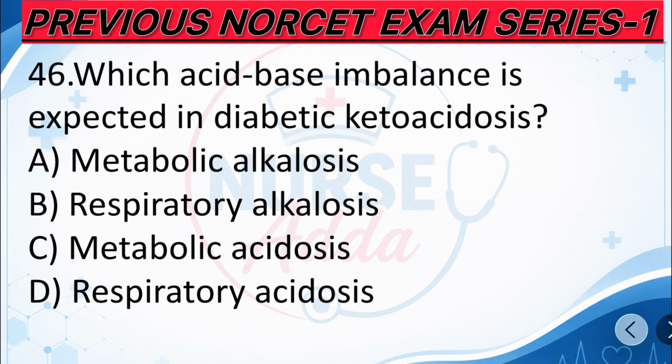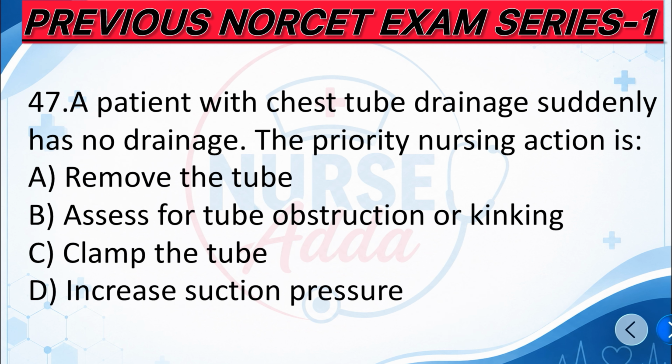Which acid-base imbalance is expected in diabetic ketoacidosis? Metabolic alkalosis, respiratory alkalosis, metabolic acidosis, respiratory acidosis. Right answer is option C, metabolic acidosis. Next question.